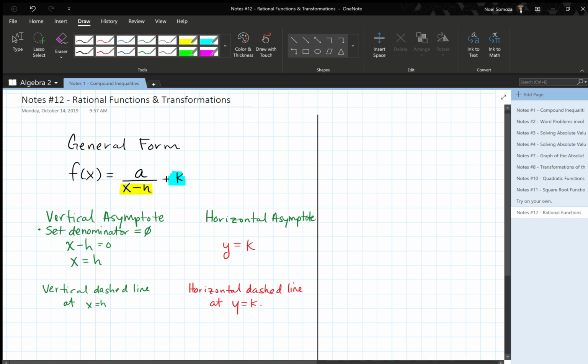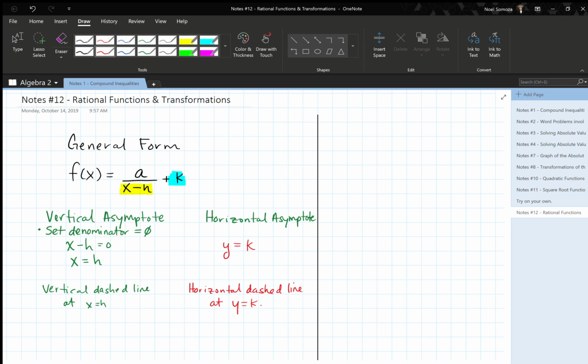I know it looks a little confusing because we were dealing with x, h, y, and k, but once we replace h and k with numbers, it should make a little bit more sense.